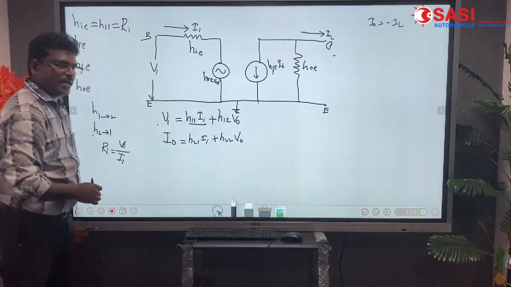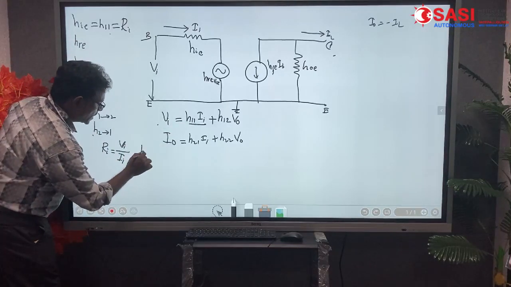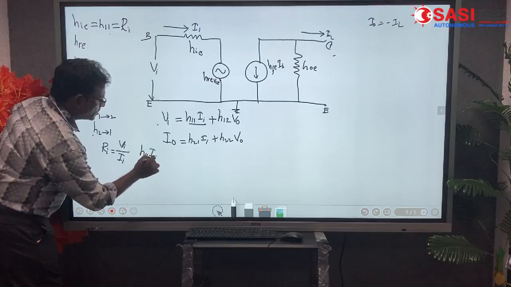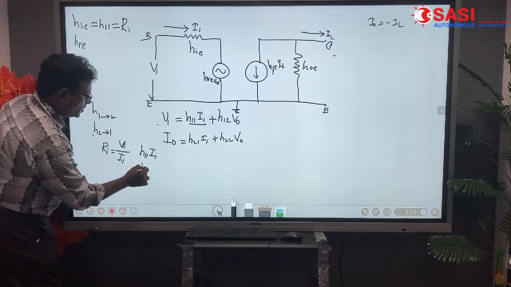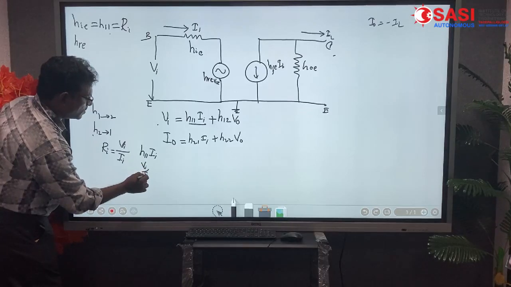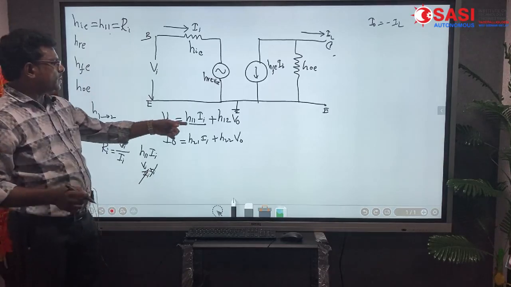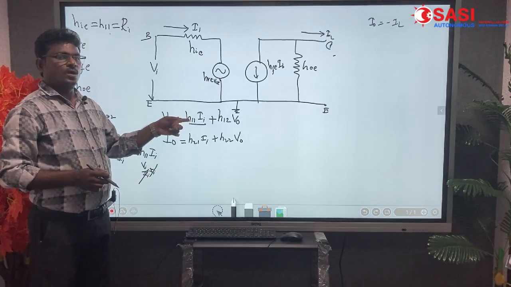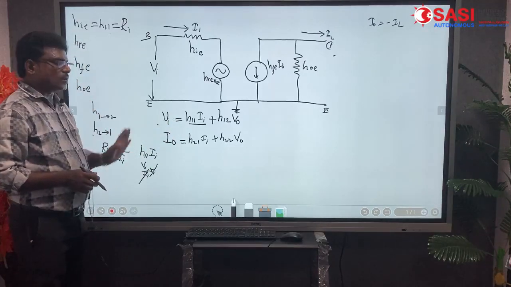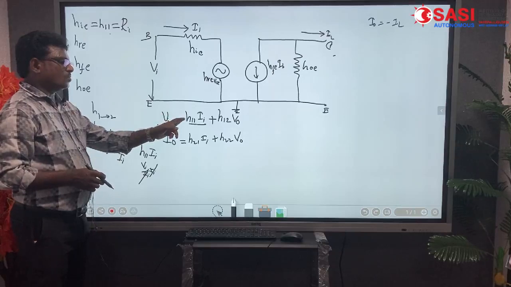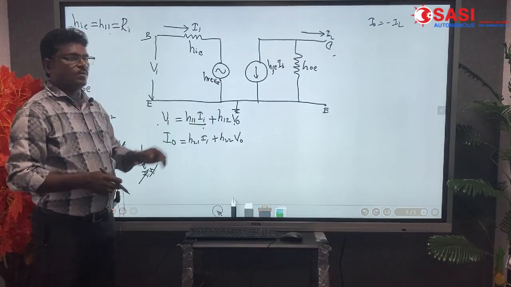Ii must be cancelled here. Suppose here we are writing this clearly, H11 Ii. H11 means Vi by Ii. Ii cancels, just the remainder. We are observing this: H11 Ii is a voltage drop. Vi equals voltage drop plus voltage drop, input voltage drop.